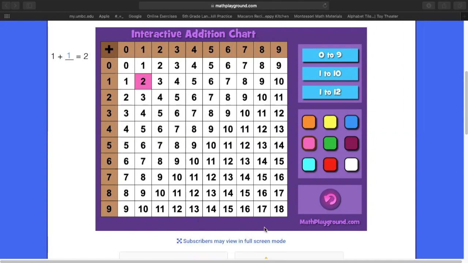Let's see if we can do the next one together. I'm going to write it up here so that everybody can see it. 4 plus something equals 7. Four plus something equals 7.